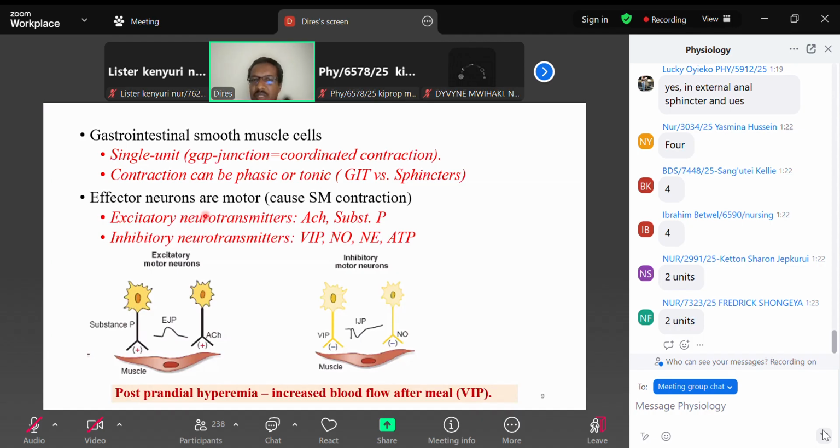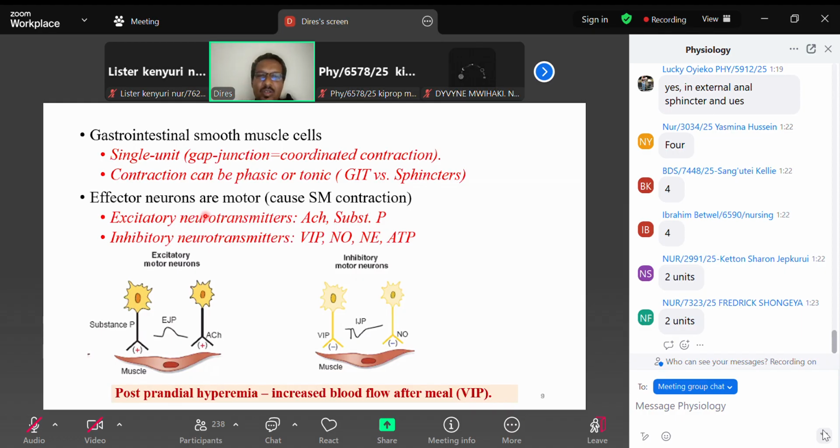Phasic contraction means the contraction can increase or decrease depending on the stimulation. Phasic, for example, when you eat a food, a stomach distends, the contraction of the stomach increases.